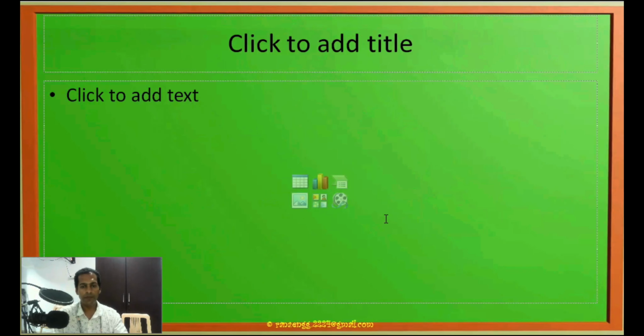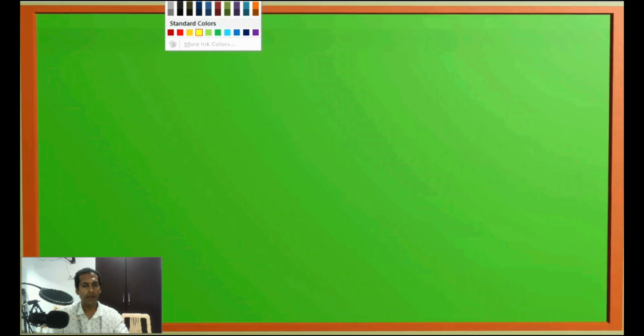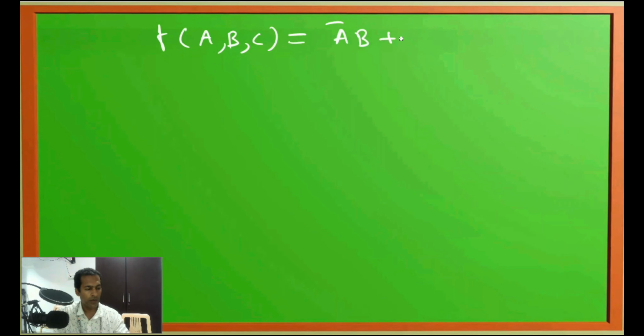For example, we'll consider one function, f of a comma b comma c is equal to a bar b plus b bar c. So truth table for this we can write as follows.